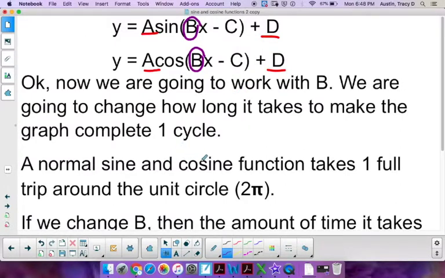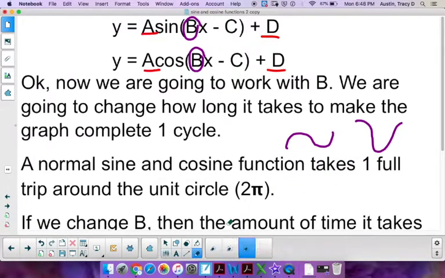Okay, a normal sine and cosine function, when we graphed it, the sine looked like this, and the cosine looked like this. Okay, you had to go one full trip around the unit circle, right? That's 2 pi. So when we did our graphs, we did 0, pi over 2, pi, 3 pi over 2, back to 2 pi.